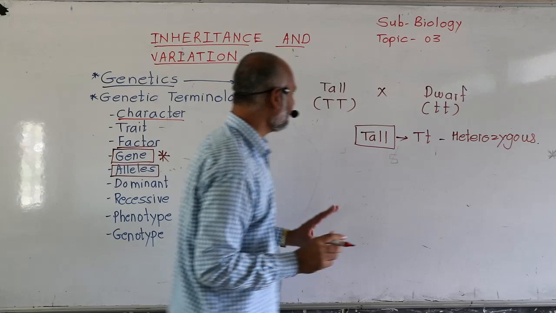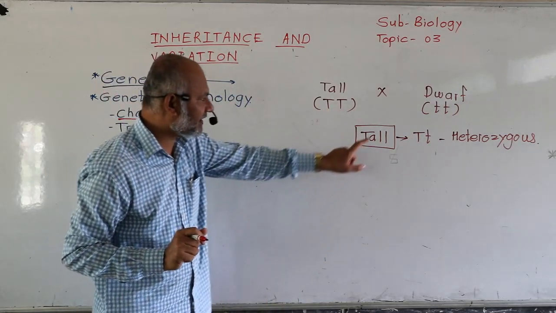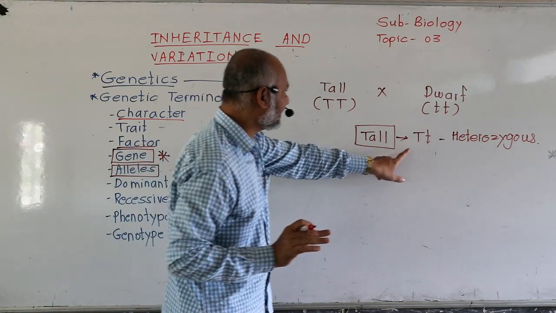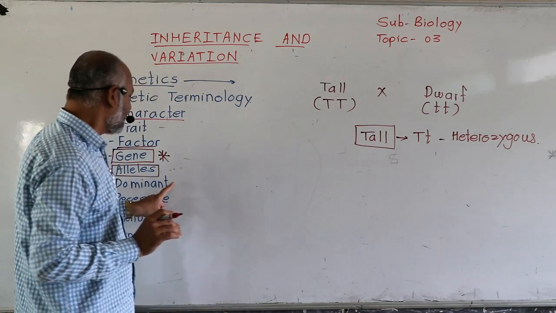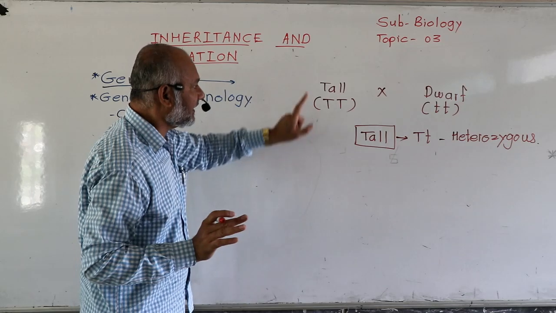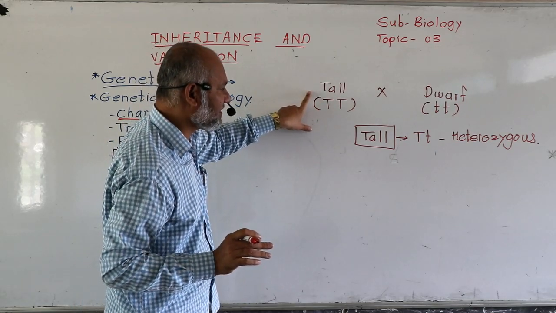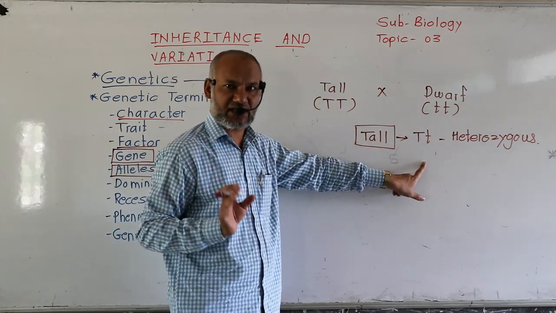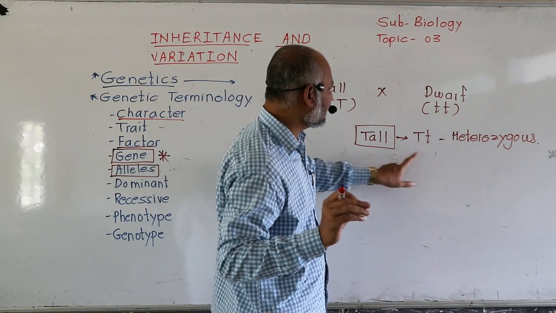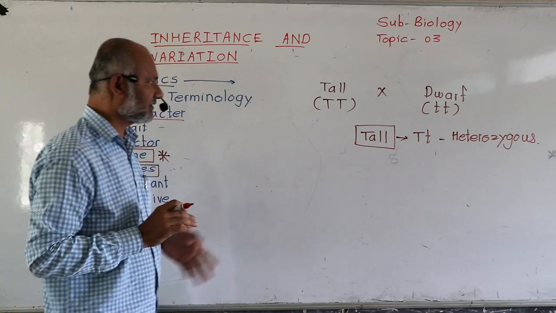See here, the genotype is capital T, and here the genotype is capital T small t. That means the dominant character or dominant allele expresses in both conditions, homozygous as well as heterozygous. The allele which expresses its trait even in the presence of an alternative allele is termed dominant.